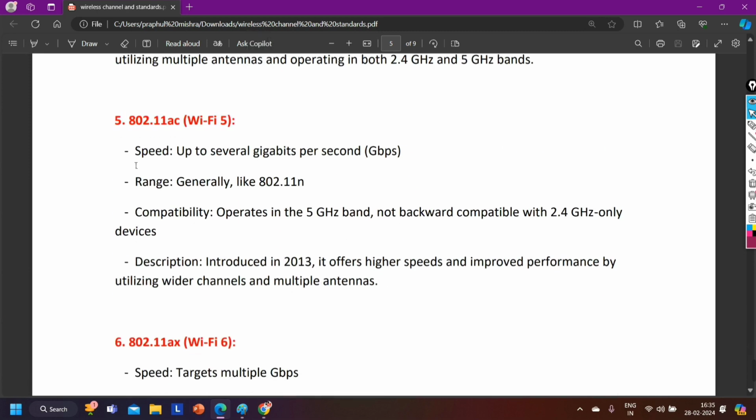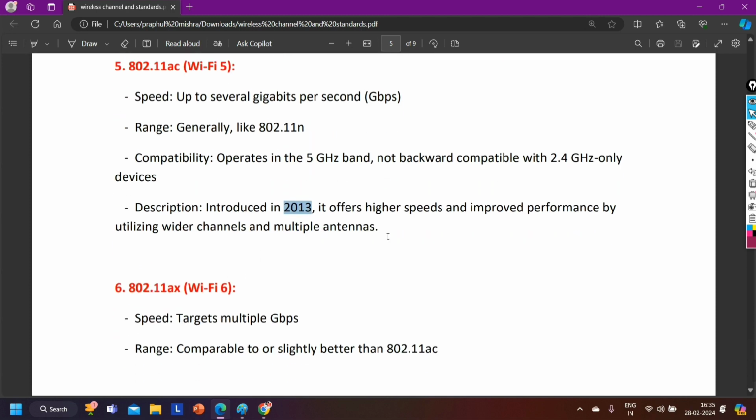Then you can learn about this standard, 802.11ac, that is Wi-Fi 5. It is going to provide you a speed in Gbps. It is generally like 802.11n, operates in the 5 gigahertz band, and is not backward compatible with 2.4 gigahertz-only devices.